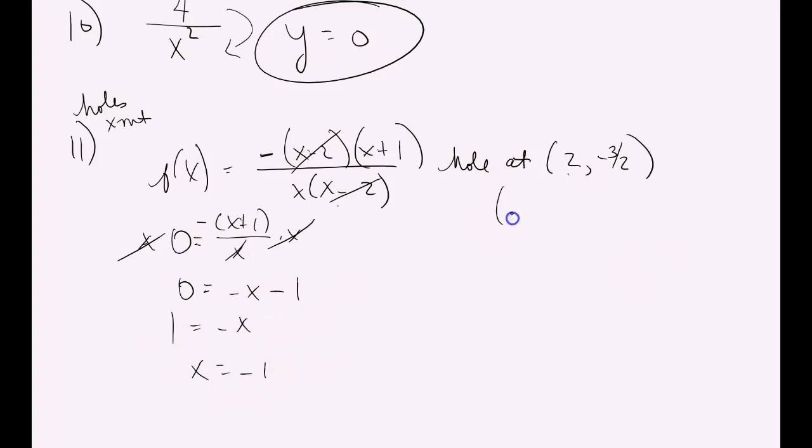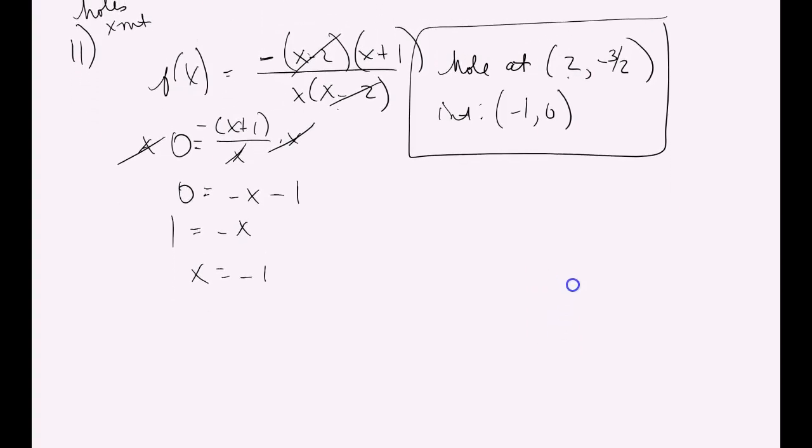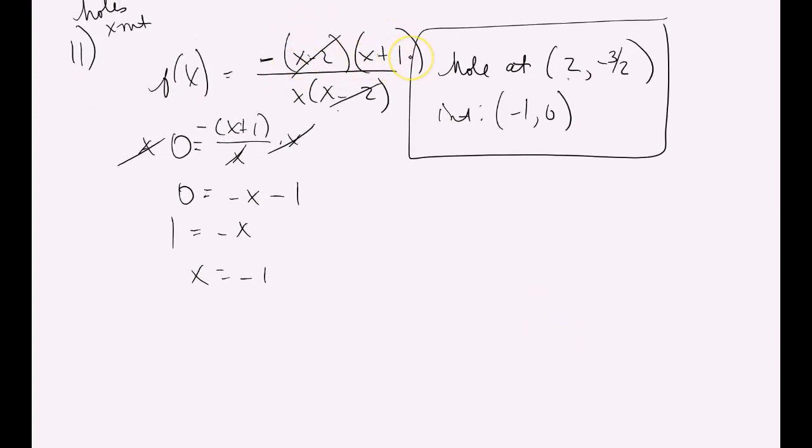Whew! So the intercept is at negative 1, 0. That one was kind of trippy with all the negative stuff going on, so I hope it went okay for you. I did some creative factoring right there, and I did skip a step in my head.